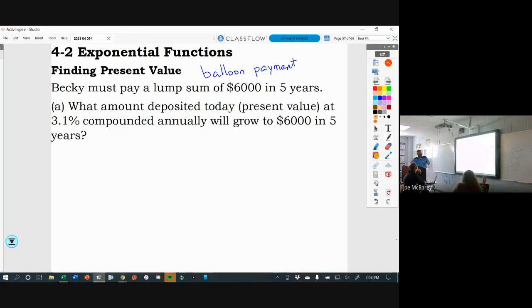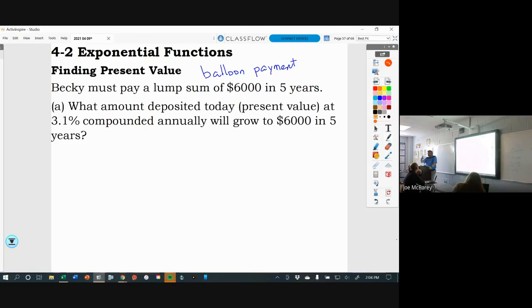So it's possible that maybe you buy a car, and you finance the entire amount of the car, and you're going to pay for that car in 60 monthly payments. At the end of 60 months, the car is paid off. There are other loans you might be able to do, such as an ARM or a balloon payment.